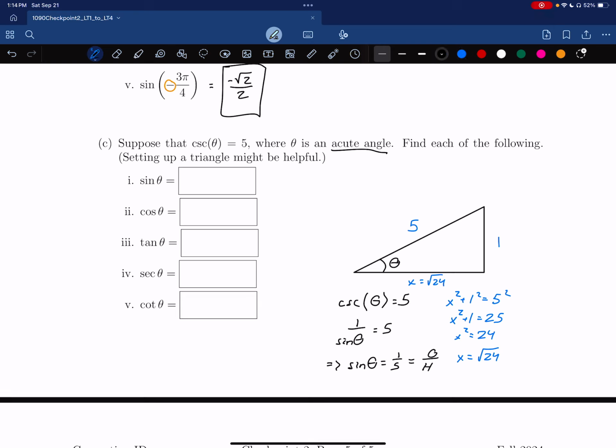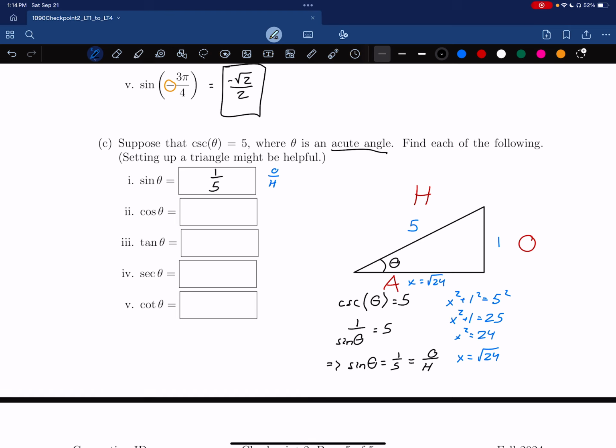So now we have all 3 sides of the triangle, so this makes evaluating this question a lot easier. So sine of theta is equal to the opposite over the hypotenuse, and I'll just write this as the opposite, this is the hypotenuse, and this is the adjacent. The opposite over the hypotenuse will be equal to 1/5.